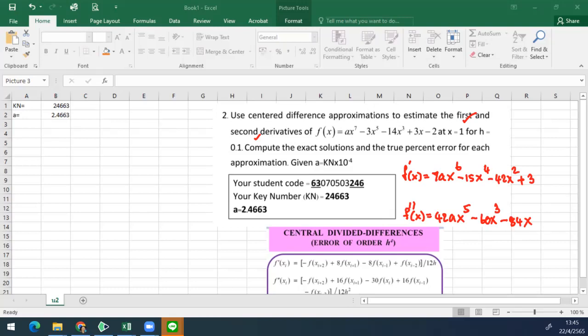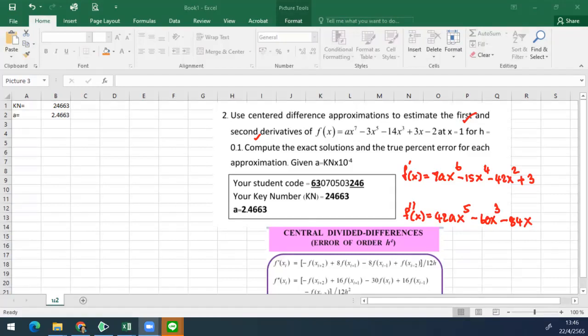Then for the first derivative, I think it should be 52 and not 42. Okay, that's good. Thank you.